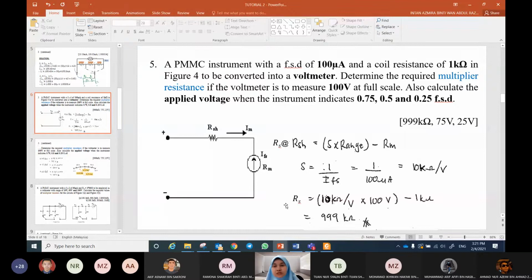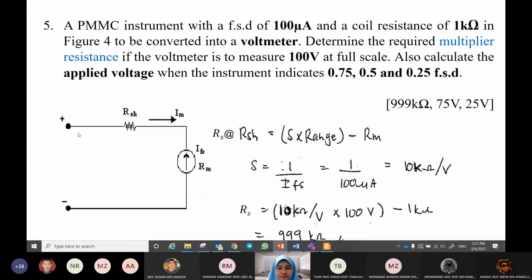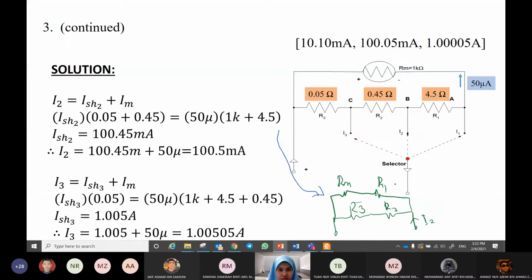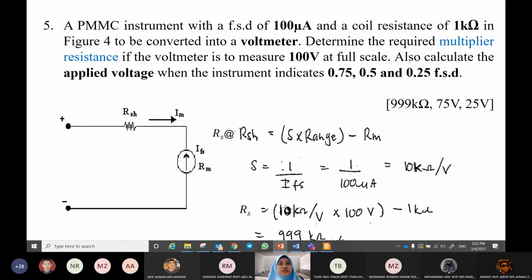Okay, DC voltmeter. Number 6. So last time on Monday we did until here, right? Okay, so number 5 is on voltmeter. A PMMC instrument with an FSD of 100 microamp flowing through the circuit and a coil resistance of 1K.